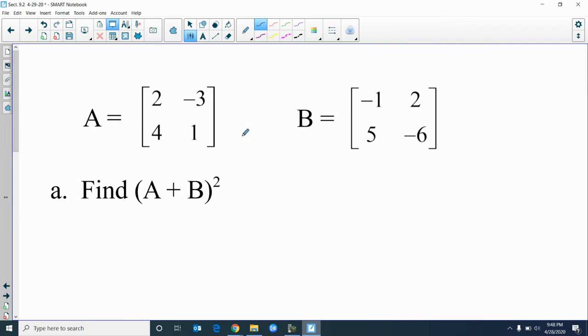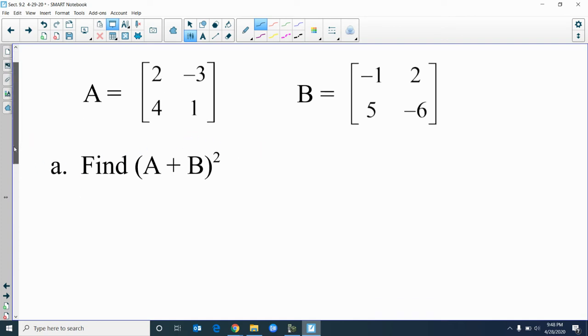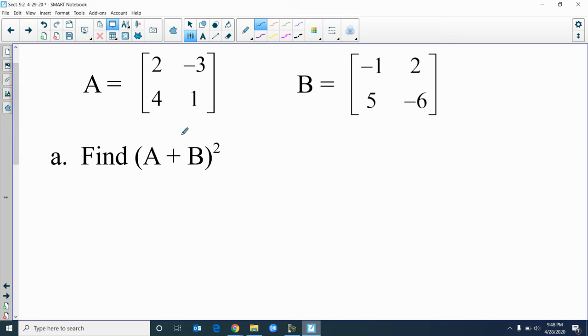All right, now you need to be careful here on a couple of things, especially when you square something. Okay, especially when you square something, you have to be careful of what the answer is going to be. Now, we still got to follow our rules in terms of order of operations. So if I got parentheses A plus B squared, I have to do parentheses first.